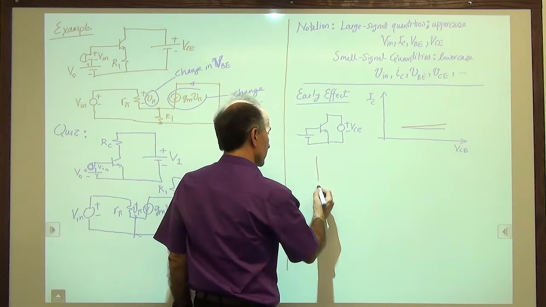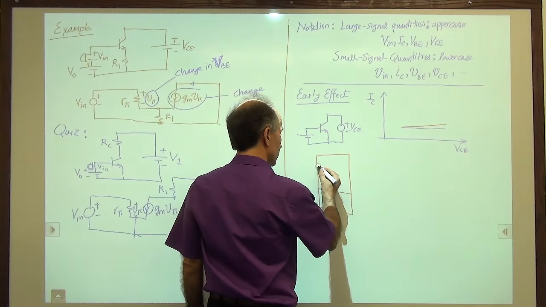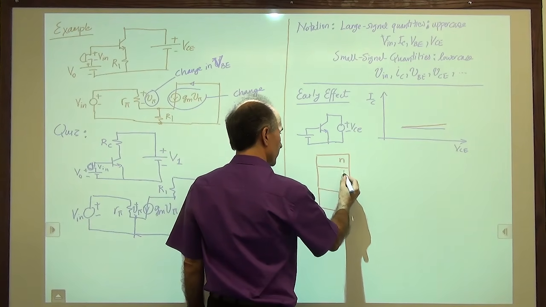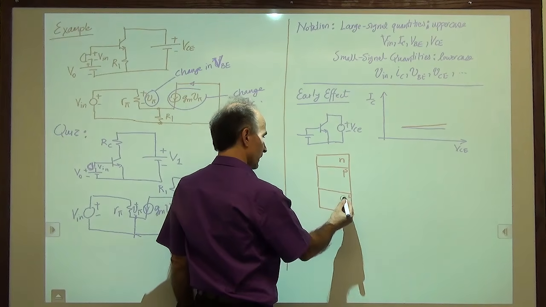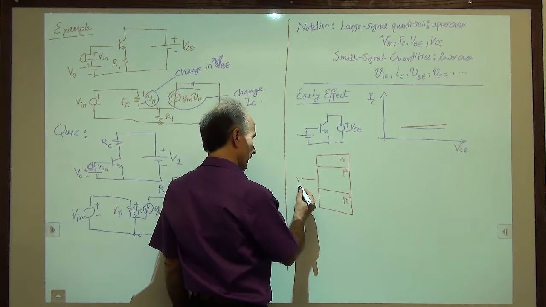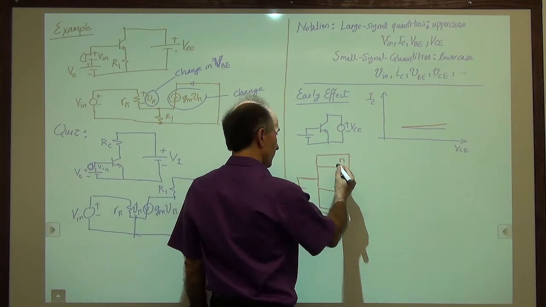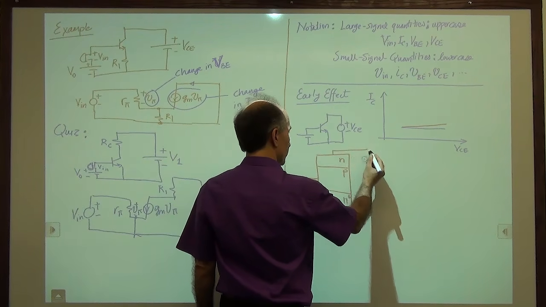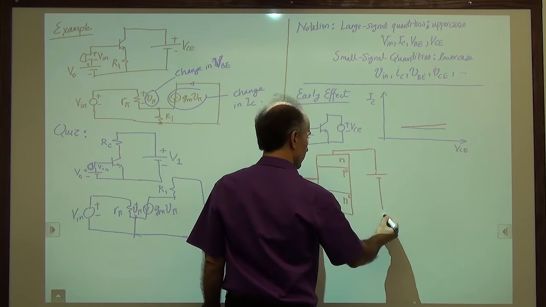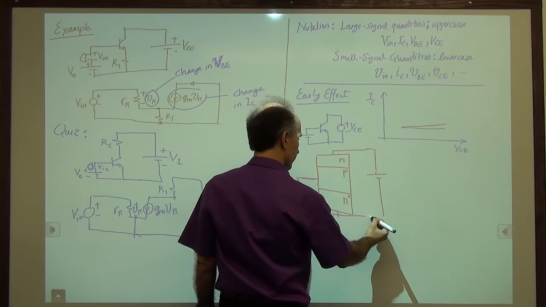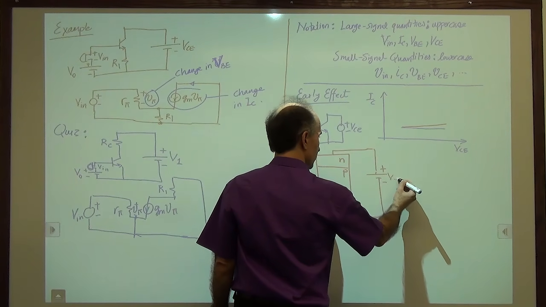All right, so here's the bipolar transistor. As usual, we have an N piece here, a P piece here, and an N plus piece here for the emitter. And we forward bias the base emitter junction. We connect another voltage source between collector and emitter, and we make that positive enough, VCE.